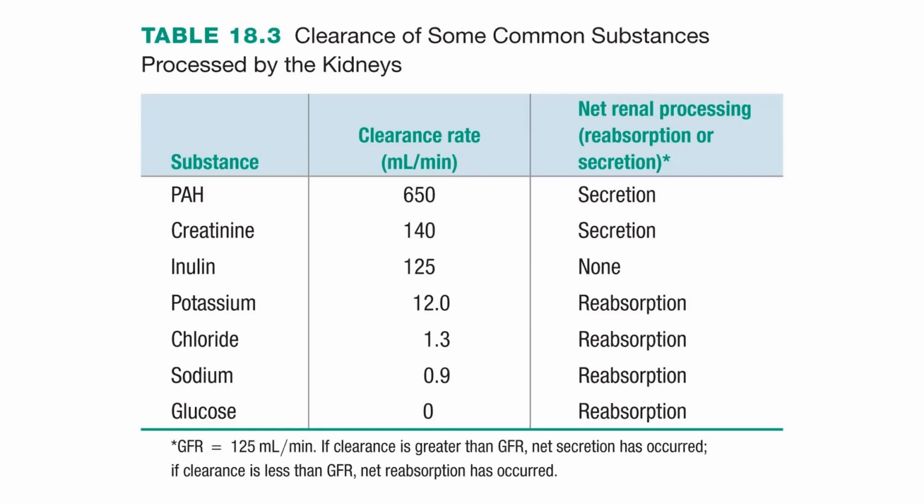If we see a clearance rate that is the exact same as our GFR, neither secretion nor reabsorption took place. So that substance is appearing in the urine at the very same rate at which it is being filtered across the glomerulus, okay? If it's appearing in the urine at a rate that's faster than GFR, we know that there's another source of it entering the tubular structures. So we know that secretion has taken place, okay?